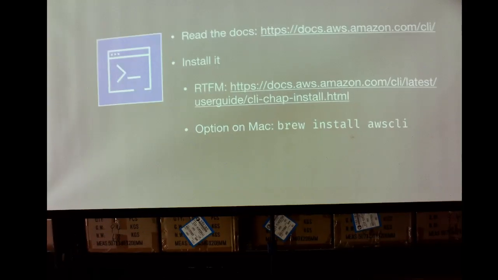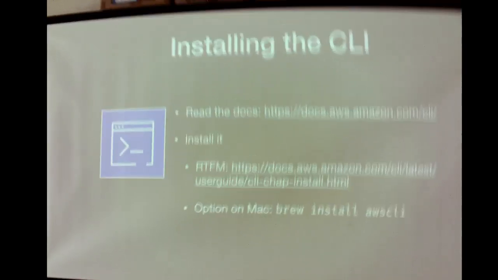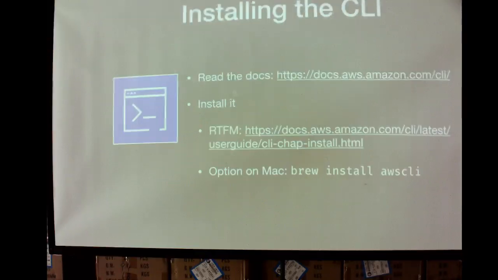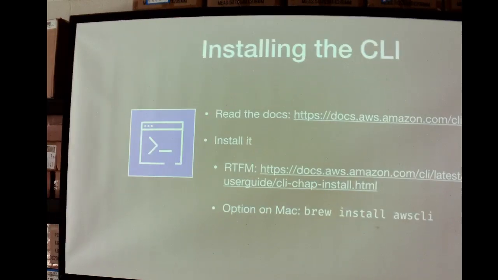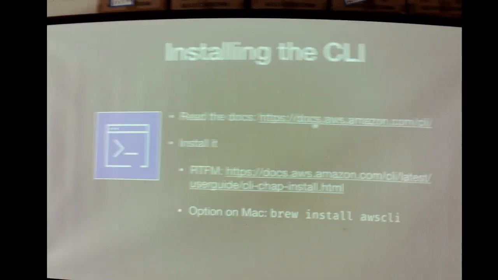So the CLI, I'm not going to go into the details of how to install it because it's different for every machine. So you're just going to have to read the manual here. But on the Mac, you can just do brew install awscli. And if you check out these docs here, it'll walk you through that process.